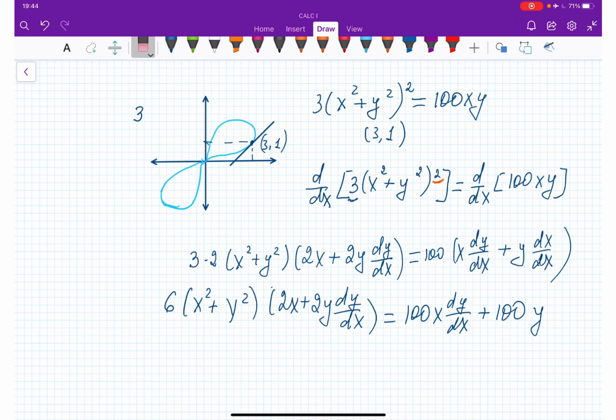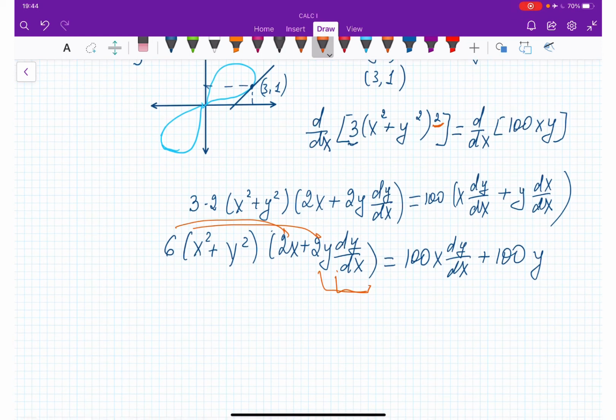Now, what am I doing here? I'm going to multiply this 6 by the second parenthesis. Why by the second parenthesis? Because I need to release this dy by dx from there.